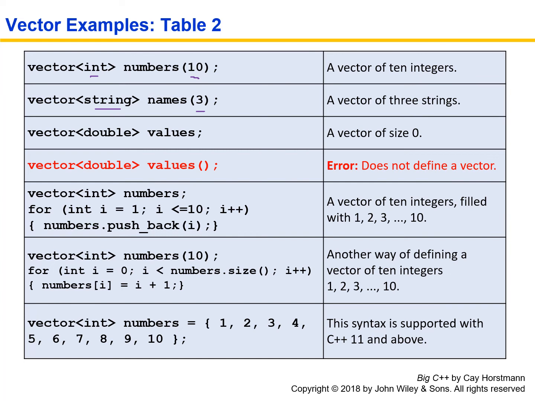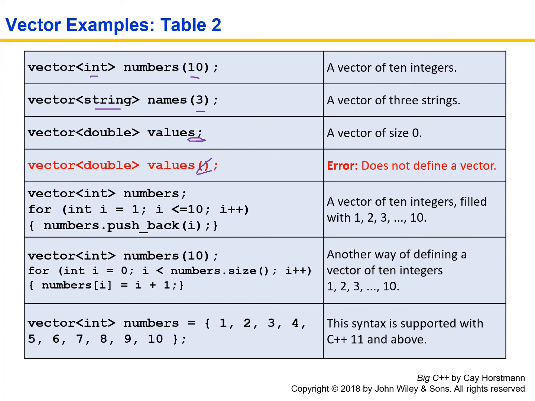You can start with a vector of 3 names, but then add 3 more to it if you want, or 10 more to it. You can create a vector of double with no parentheses, meaning it starts with size 0. You can't have parentheses that are empty. Okay, that doesn't work.